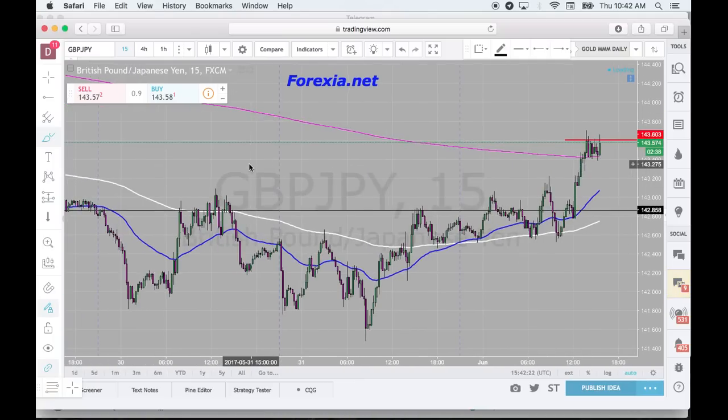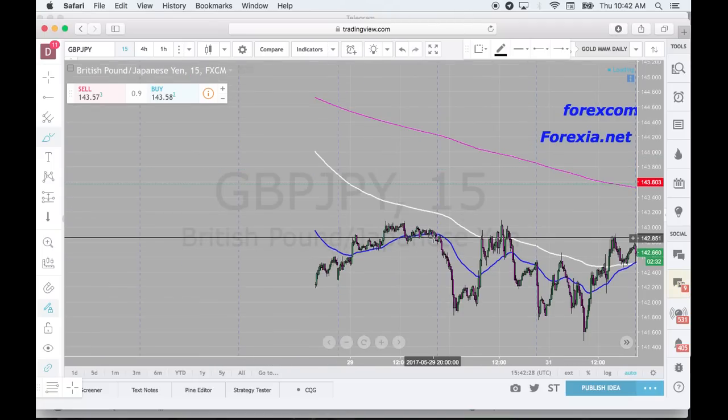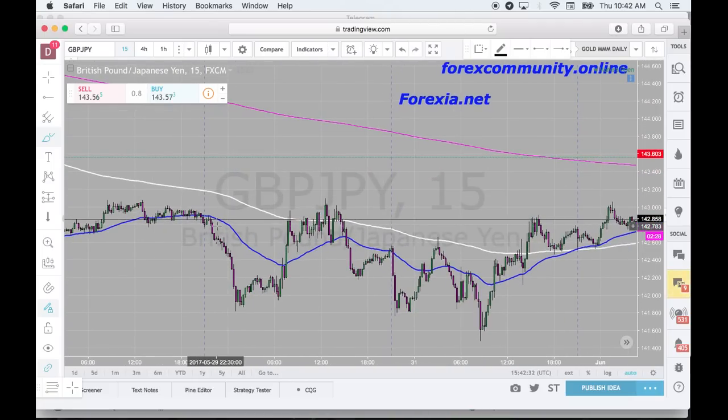So let's try and find an example for you guys. Here is an example where they reset the trend down and came back up. When I say they, I'm talking about the dealers, obviously.